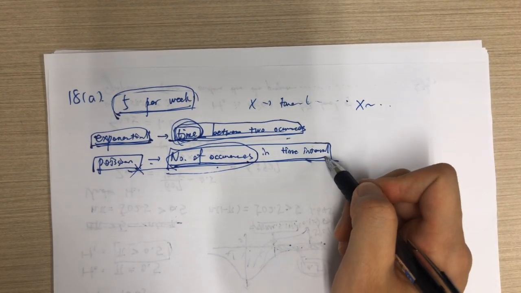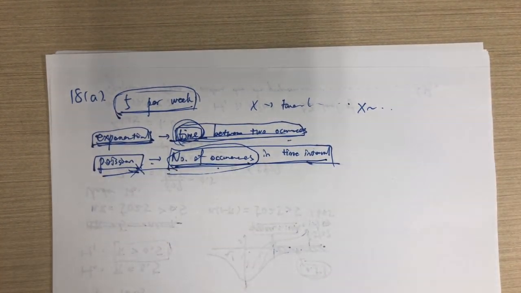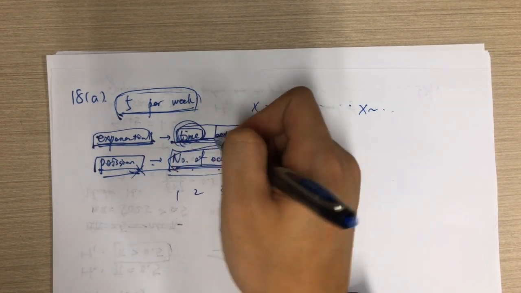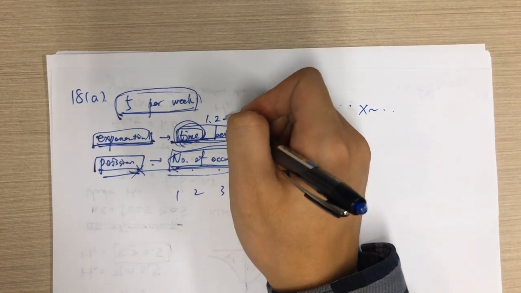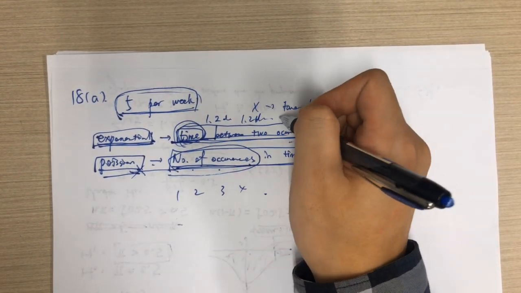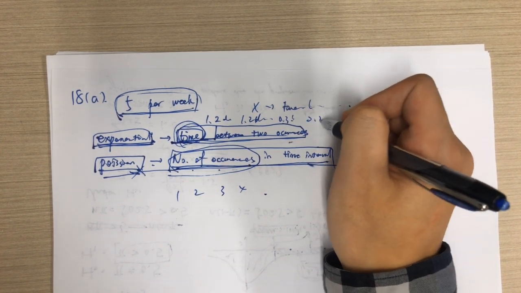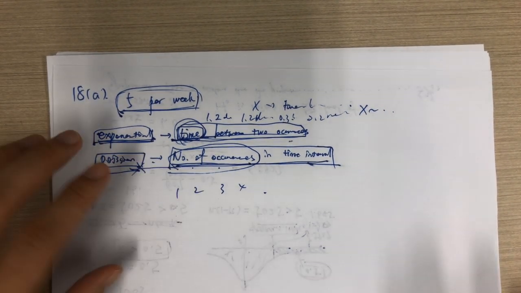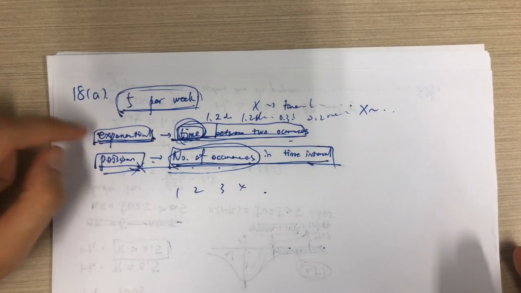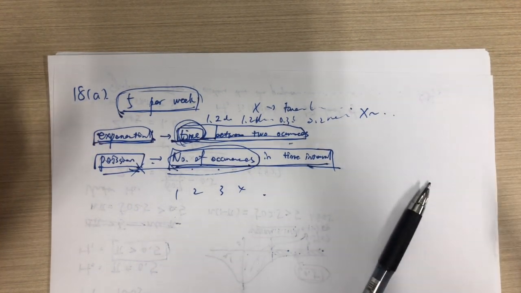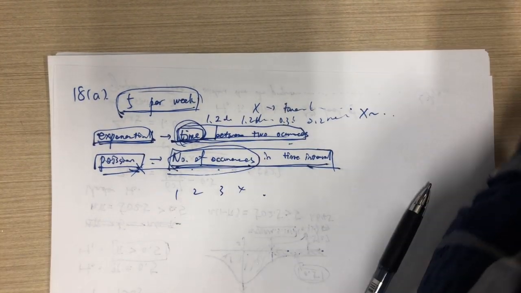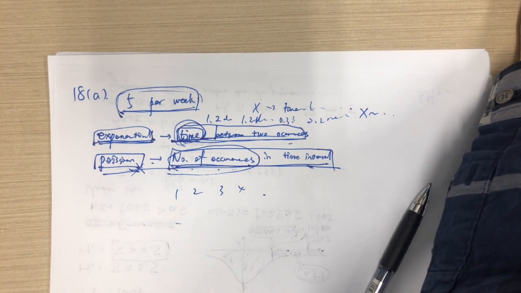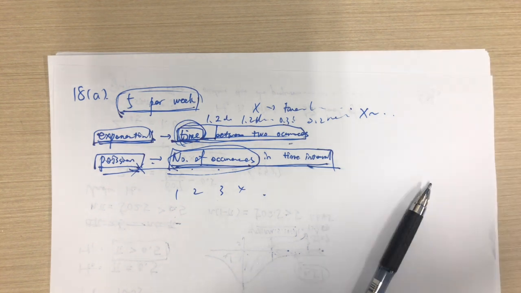Number of occurrences in 1 week follows Poisson distribution, because the number can be 1, 2, 3, 4, but the time can be 1.2 days, 1.21 days, 0.3 days, or even 0.2 weeks, and so on. That's the difference and relationship between exponential and Poisson distribution. Hopefully I answered your questions, Clara.